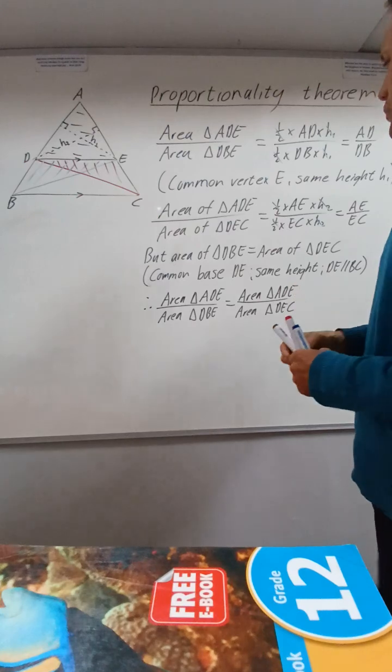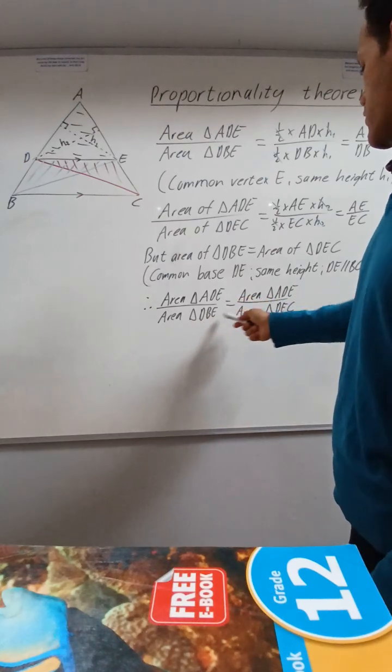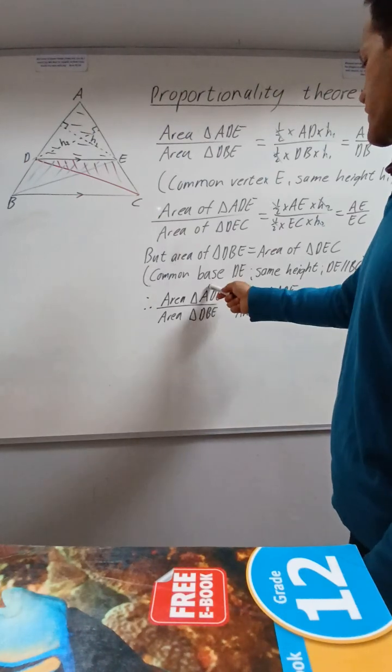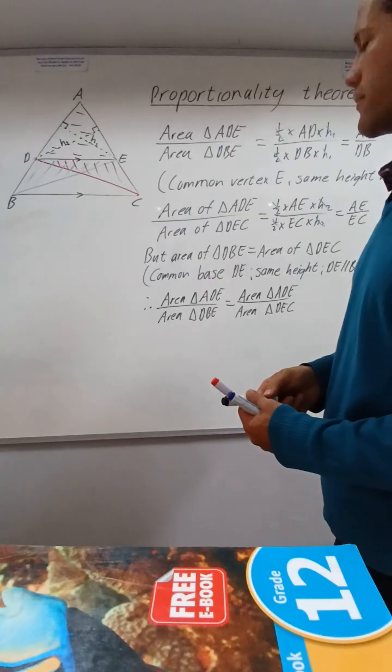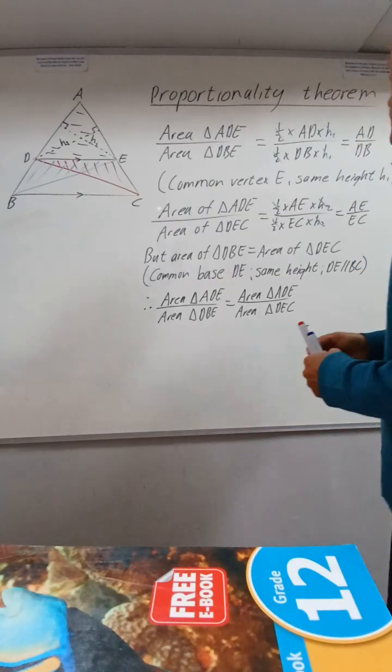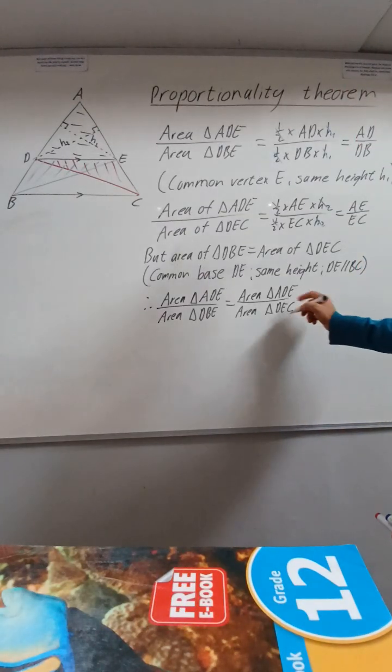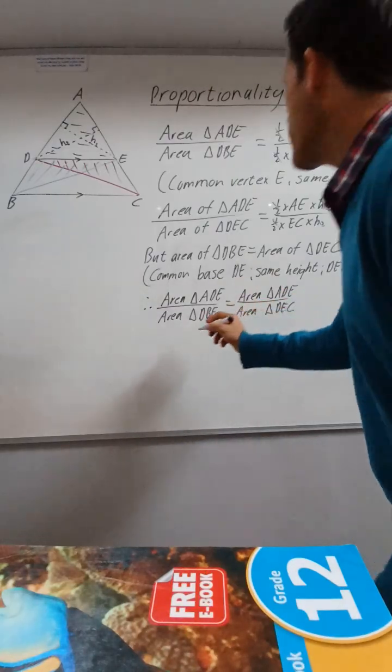Okay, we can say that now because we showed that these two triangles are equal and this is a common triangle.